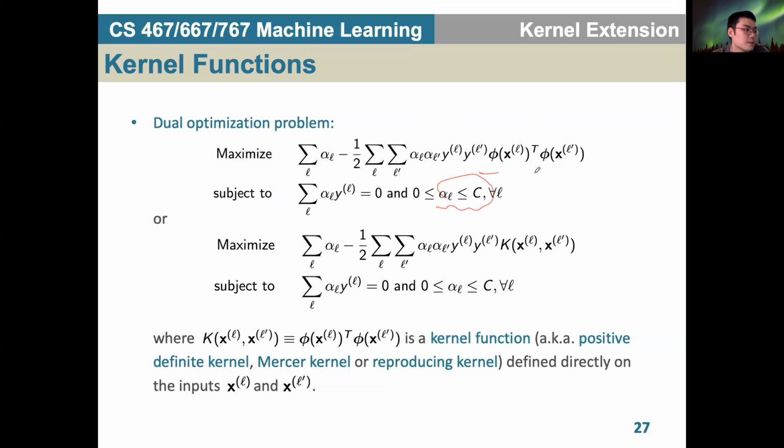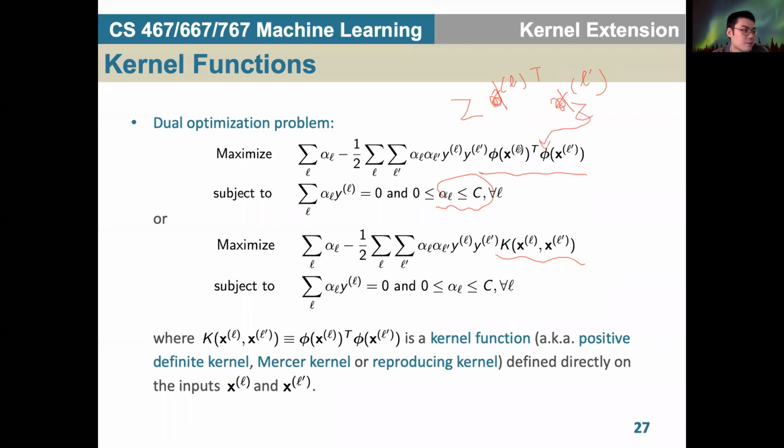Remember previously we had XL inner product with X. Now we are in a new space, so basically this is ZL times Z. But this Z is a function of X. Again, we will have trouble if this Z is infinite dimension. Let's just think about the extreme case: this is an inner product between two infinite dimension vectors. That's crazy. You are writing a for loop that never ends.